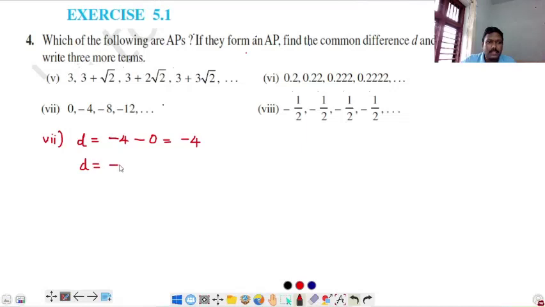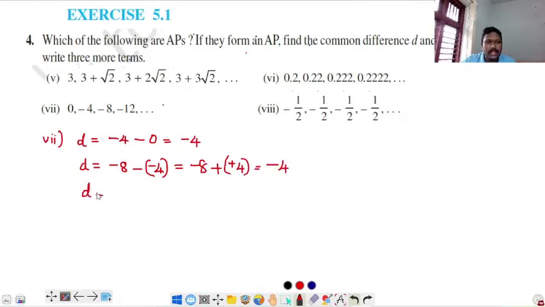Now we can find the common difference again by A3 minus A2. So A3 is minus 8 minus minus 4, so it will be minus 8 plus 4, which is minus 4.